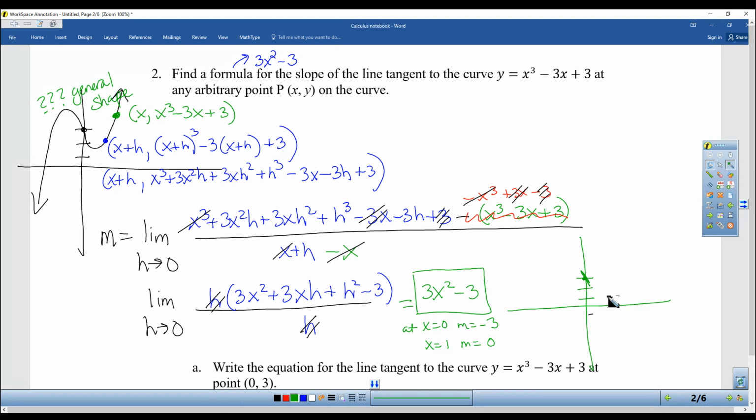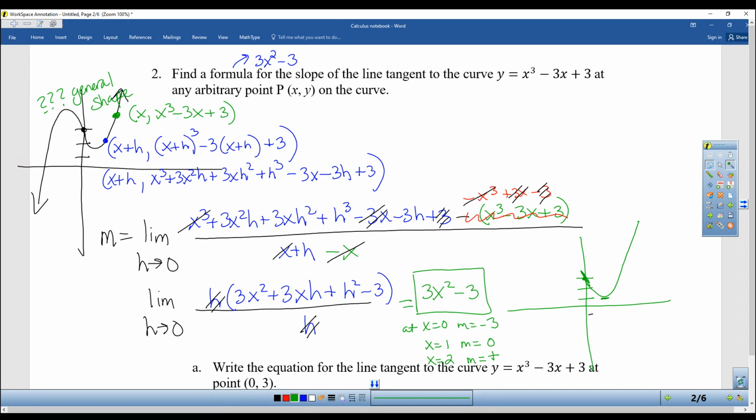So I still don't know where 1 would be. I could find out by plugging it in, but I know now that it's going to dip down at 1. And then at x equals 2, I don't really need to know the slope exactly. It's going to start to be some kind of positive number. So I know that it does this.